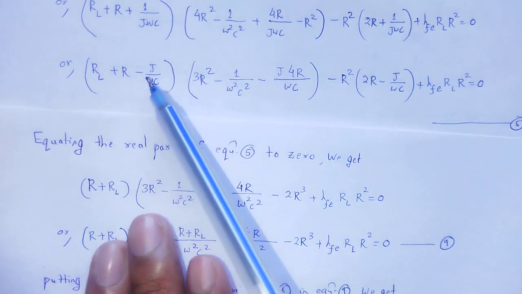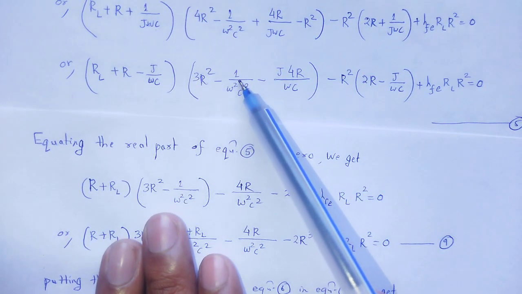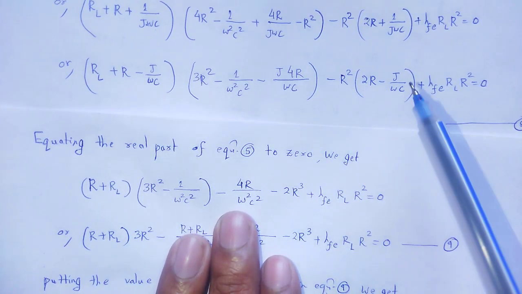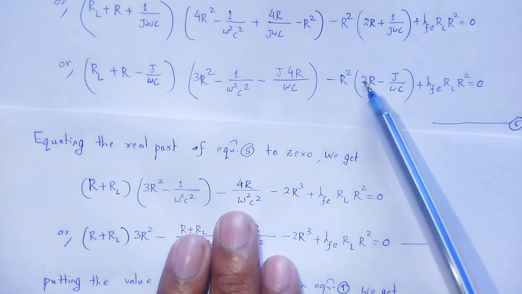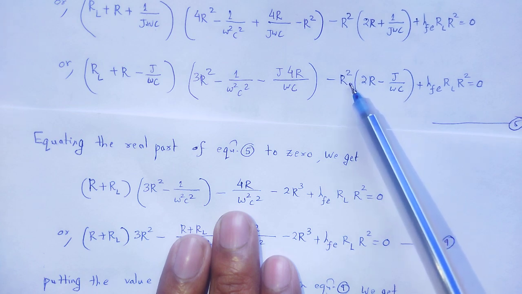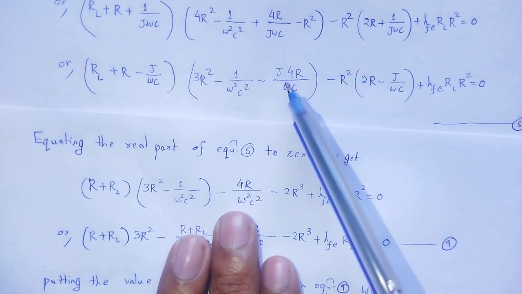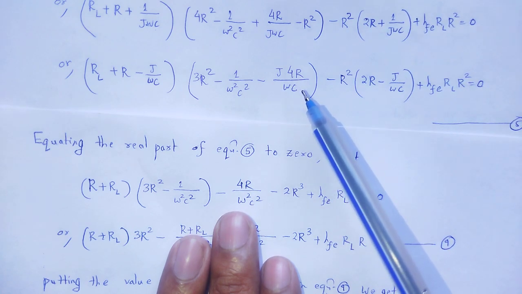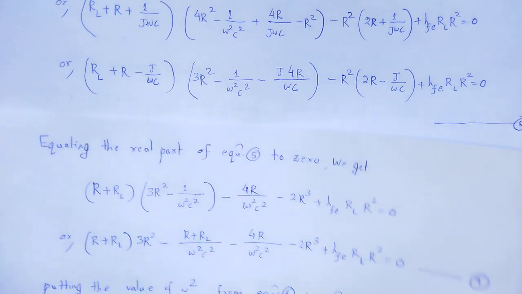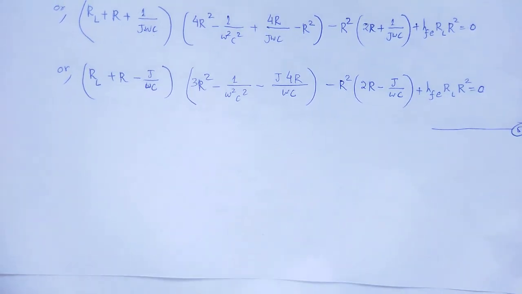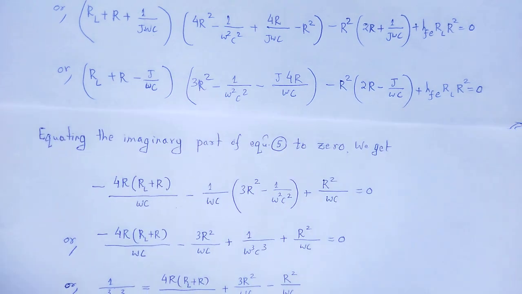The real part: R plus RL whole into 3R square minus 1 by omega square C square, minus R square 2R. First we equate the imaginary part.